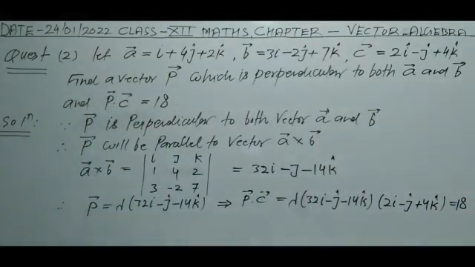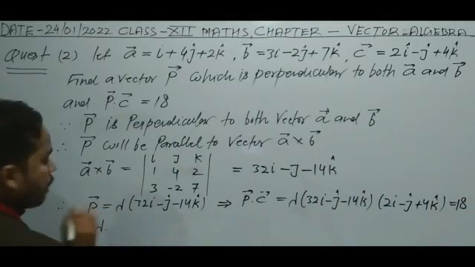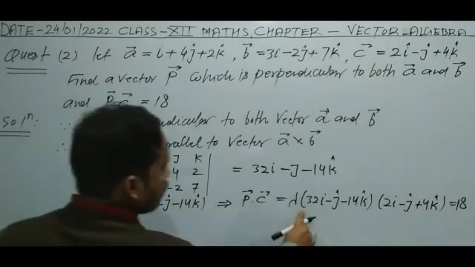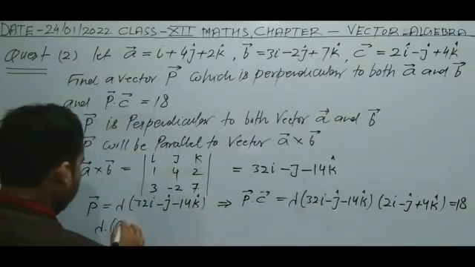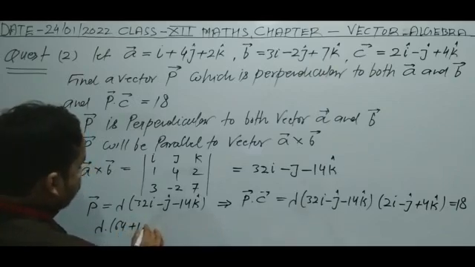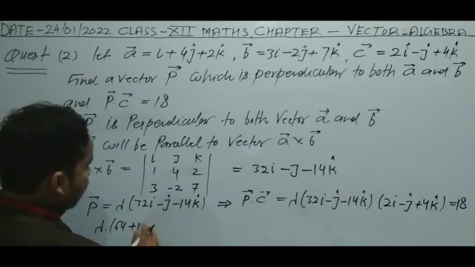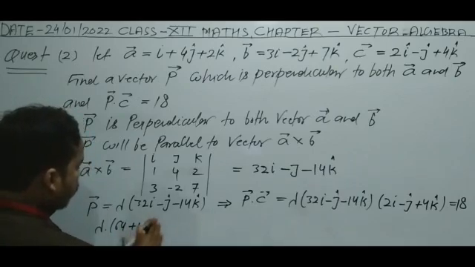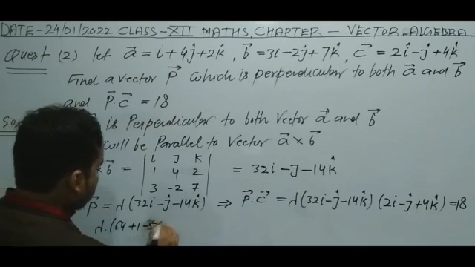So when you calculate, what will you get? Lambda into 64, and minus 1 times minus 1 gives plus 1, and minus 14 times 4 gives minus 56.